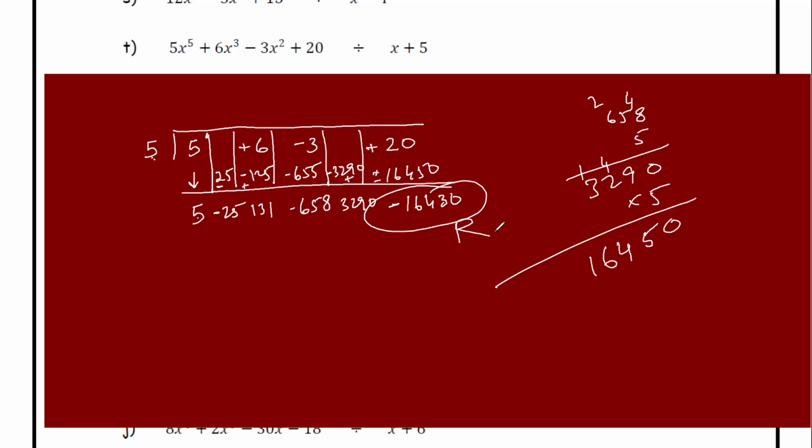Let's find out. So this is negative 16,430. I must have stopped out here. So let's see. Let's go back. Let's see what we've got.